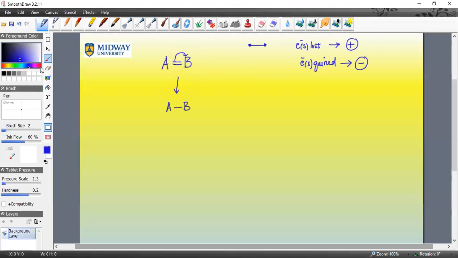I'm going to draw it in a different color. Because the tail of this arrow is closer to this element, and the head of this arrow is closer to the other element, what it really implies is that this bond that contains two electrons is completely transferred from this element to this element.